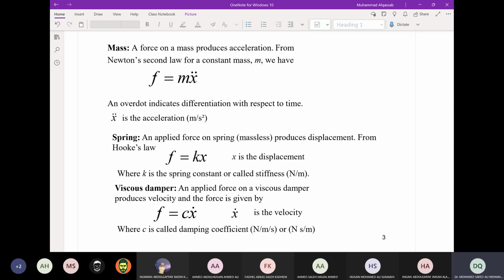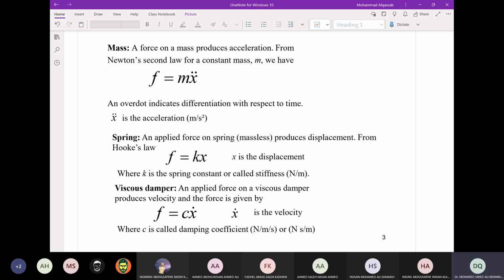We focused on those 2 cases. In vibration, that acceleration is not constant; it is changing with time. So it's better to keep the definition of the acceleration as it is, that is d square x by dt square, and for short, we just write it as x double dot.